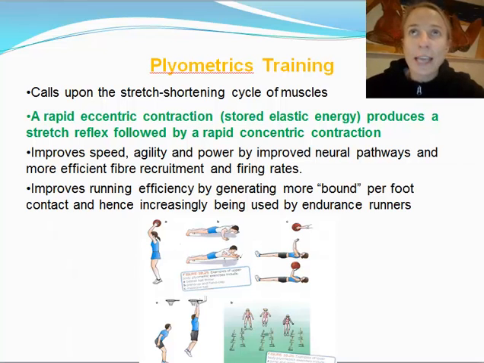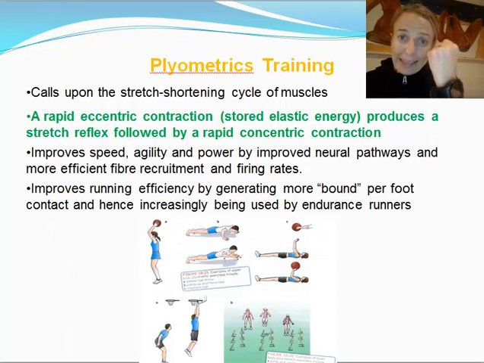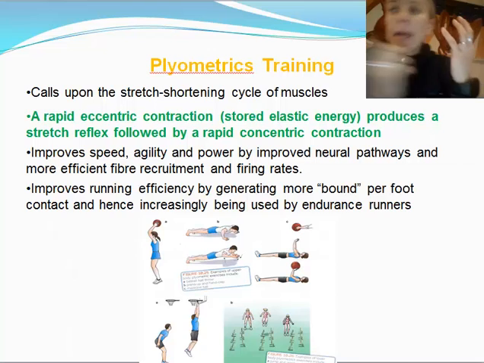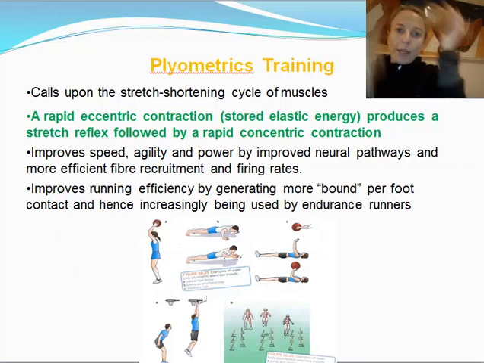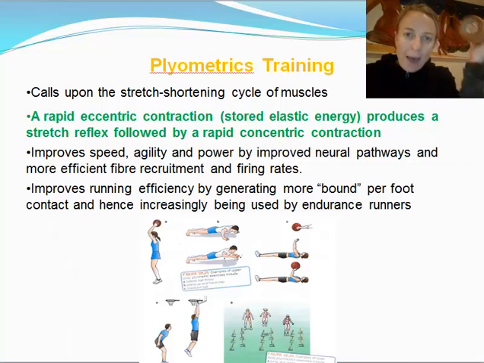Okay, so what is plyometrics? Plyometrics is when we combine eccentric contractions, so that's when a muscle is lengthening under load, and you couple this to produce a rapid concentric contraction. So if I'm lowering a very heavy weight, my muscle is under tension, under load, but it's lengthening.